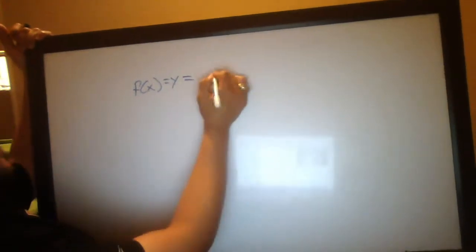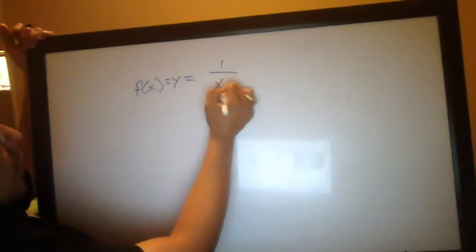Alright, so I'm going to go ahead and show you the quotient rule. The quotient rule says you have, let's say you had f of x, some function with respect to x, or just y, is equal to, let's say, 1 over x squared, like this.